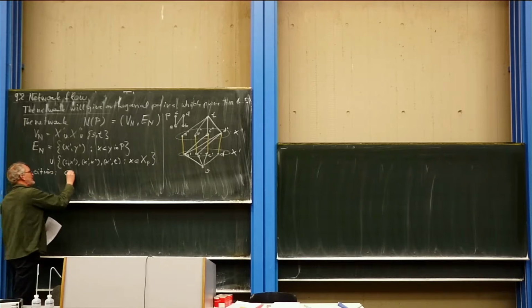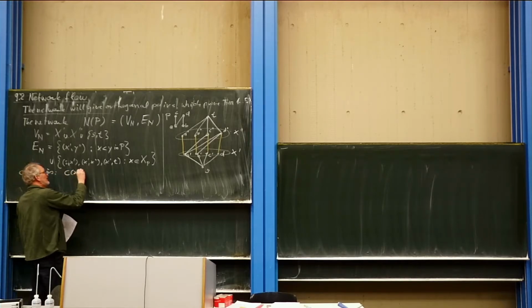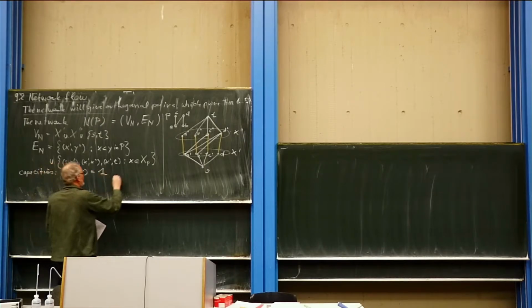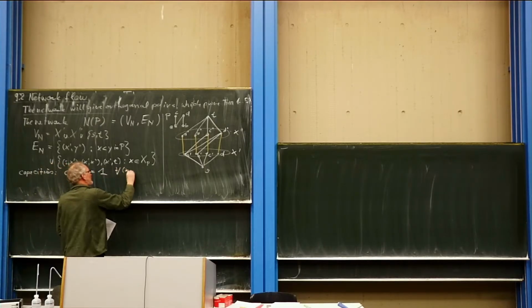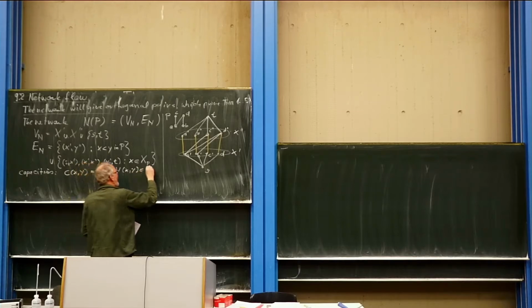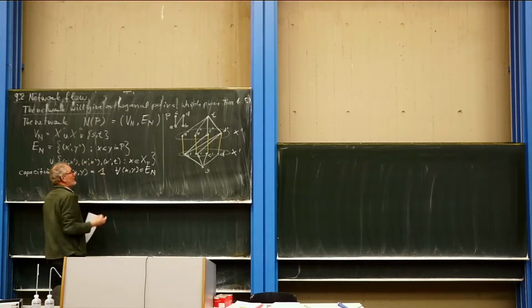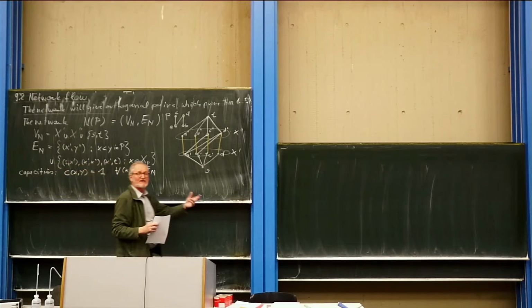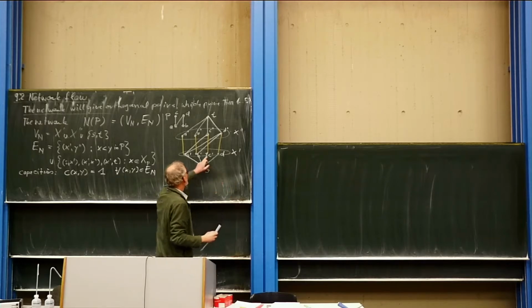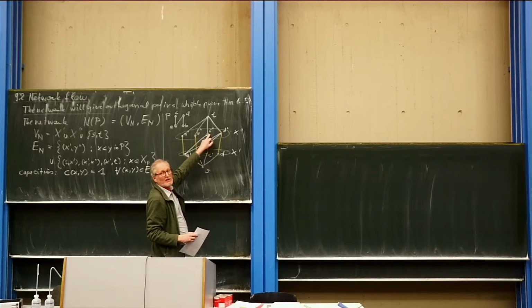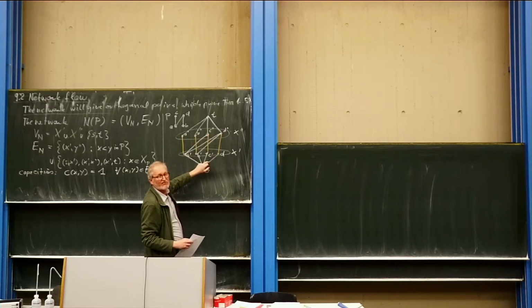The capacity of every edge is 1. But this is a directed capacity, so we can send flow from C prime to C double prime, but we cannot send flow in the converse direction.